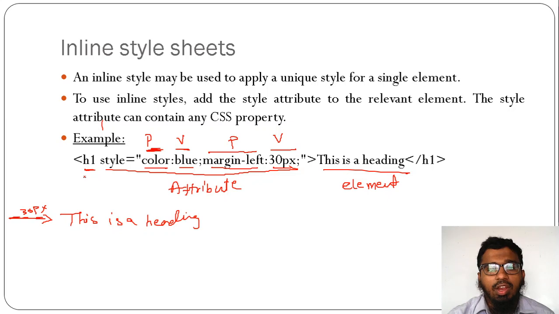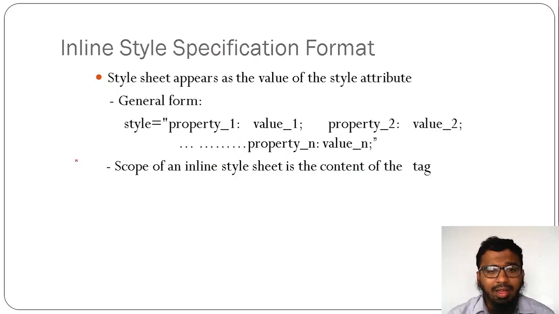So if you want to give any unique style for a single element, you can give it like this. Next, inline style specific format: style sheet appears as the value of the style attribute. General form: style equals property 1 value 1, property 2 value 2, property 3 value 3, and so on, property n value n.